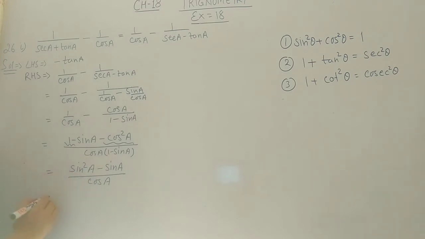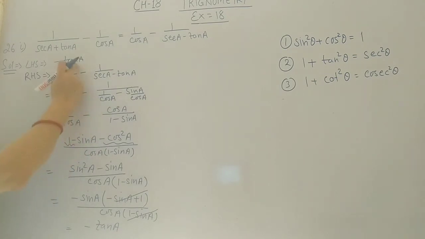Now from these two terms minus sin A we can take as common, and 1 minus sin A is also there. So taking minus sin A common, we will get minus sin A plus 1, and the denominator cos A (1 − sin A). If we interchange these two, it will become 1 minus sin A. So this thing will cancel out, and we will get minus tan A.